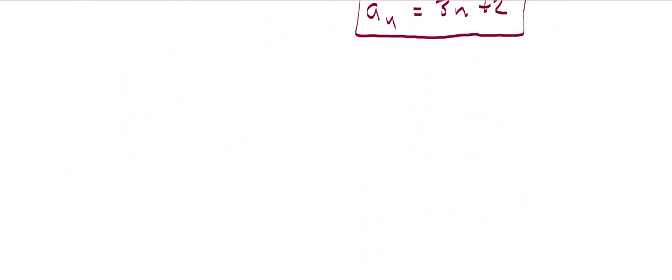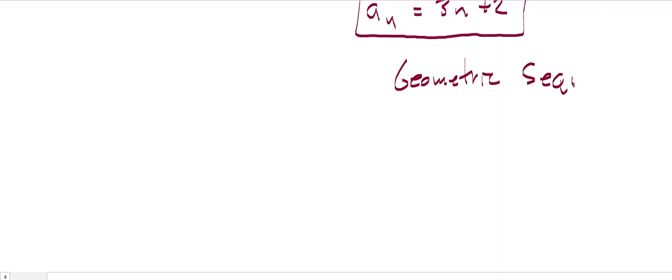The second thing that I generally look for in a sequence is if it is geometric. And so here's an example of a geometric sequence, a simple one. These are going to be fairly simple examples.